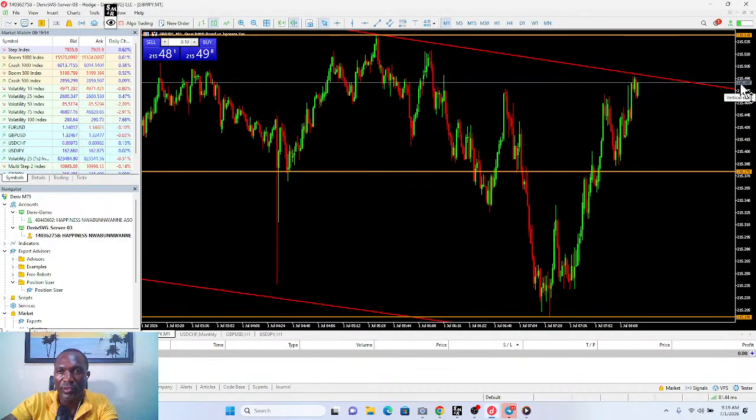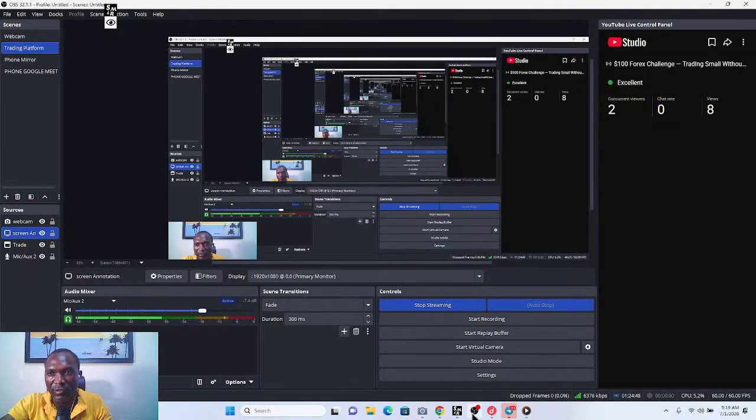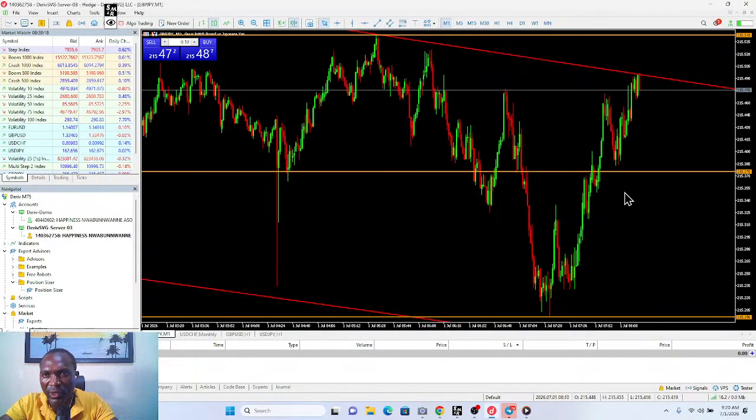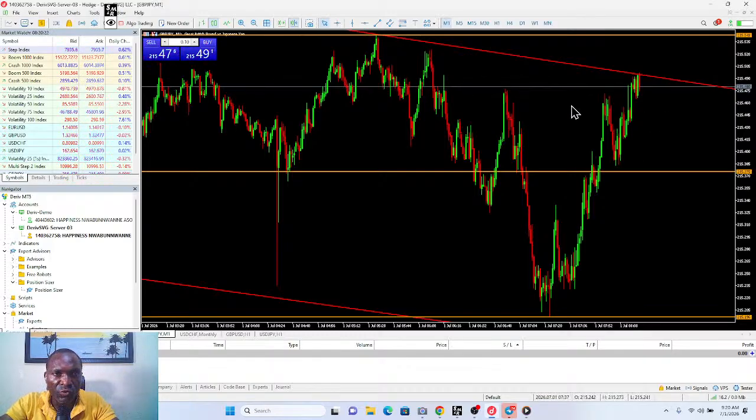Okay. So, do you have any comment? You can still comment. You are looking at the Great Britain pound Japanese yen pair. That is what we are looking at. Okay. Now we will reduce.